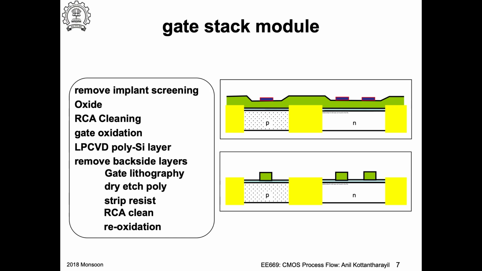So you do what is called a re-oxidation. This is seen to improve the gate oxide quality and other things in the transistors. Essentially you do an RCA cleaning again, very important, and then a re-oxidation at a very low temperature, about 700 to 750 degrees centigrade, for a couple of seconds.